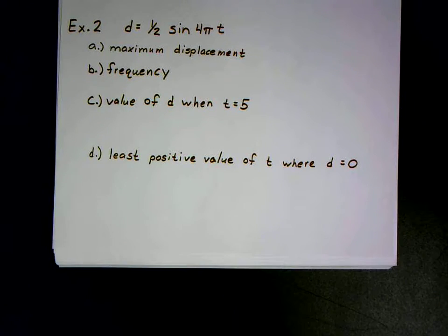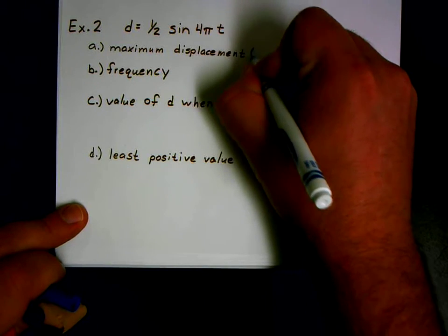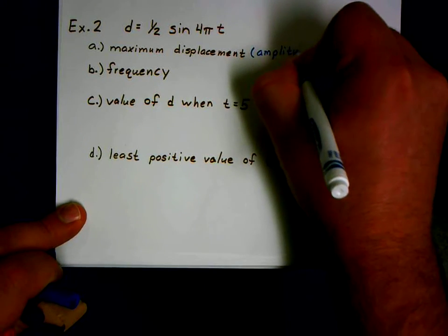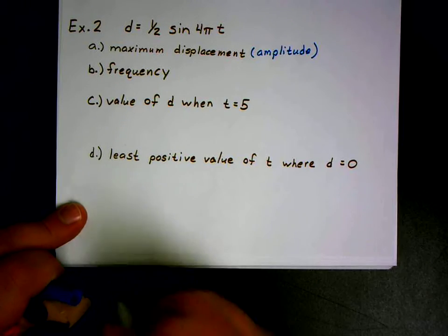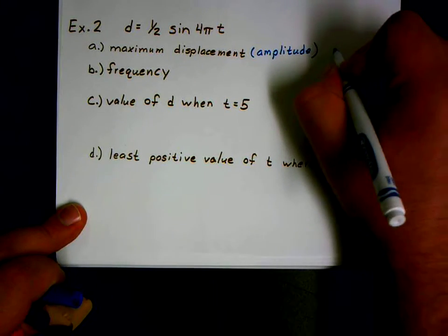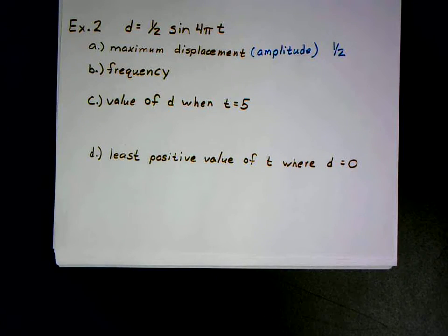So, maximum displacement. Maximum displacement means what? Amplitude. This means amplitude. So for A, what is the maximum displacement? 1/2. Let me see if they give units on this.